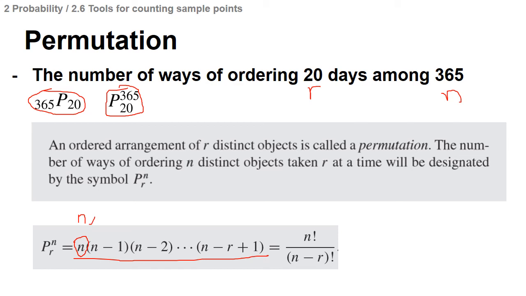So in the second place, the possibility of your choice is n minus 1. And what about the third position? Since you already picked two numbers from all n numbers, for the third position you have n minus 2 numbers, and so on. That's the proof for the permutation. And this can also be described as n factorial divided by n minus r factorial.